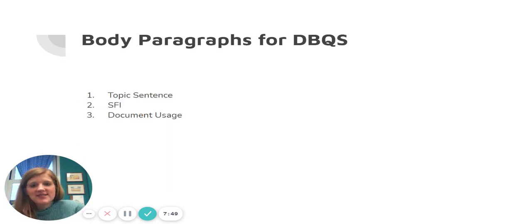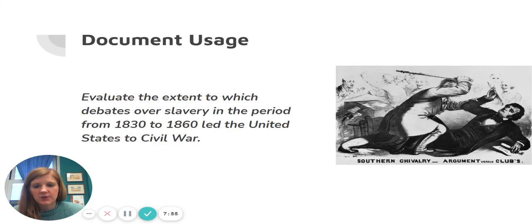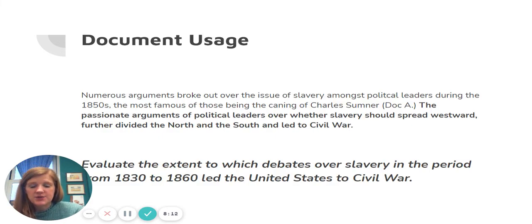For a DBQ, you're going to have the same thing. You're going to have a topic sentence and SFI, but you're also going to have to use documents. So let's look really quickly at what a document would look like. Say, for example, they gave you this document here of Charles Sumner's caning, and we've got to use that to support our argument about the inability to compromise anymore. Here's how we're going to do that.